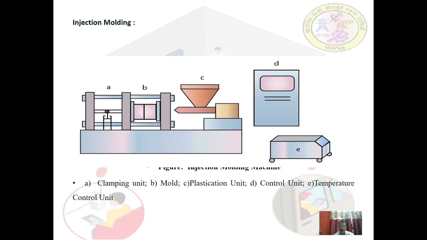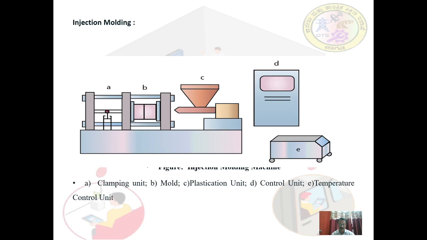The injection molding technique is a discontinuous process. The plastic pellets or granules are melted and injected under pressure into a mold cavity, wherein it is thermally cross-linked or solidified by cooling.